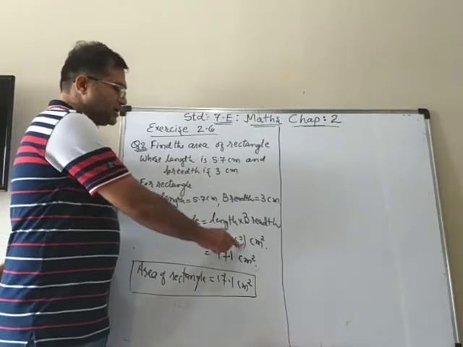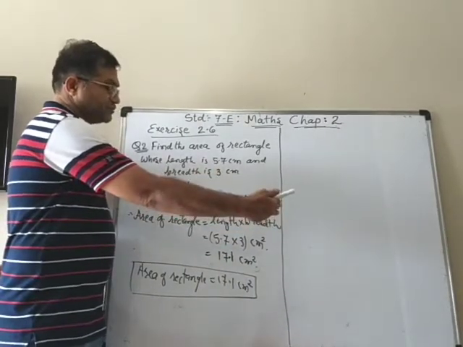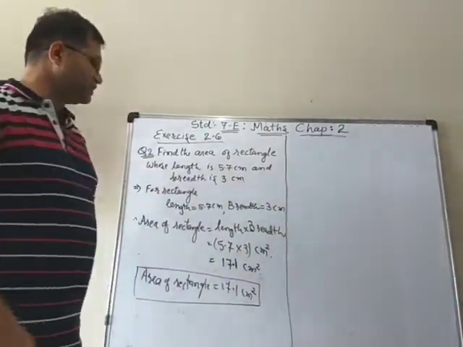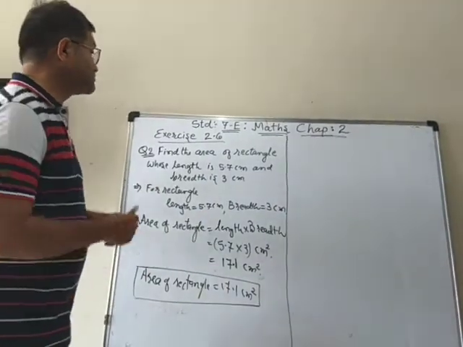Here 1, here no, so 0, 1 plus 0 is 1. So from the right side, we leave the 1 digit, and before that 1 digit on the left side of it, we will put the point.